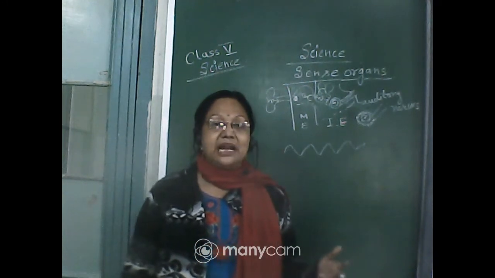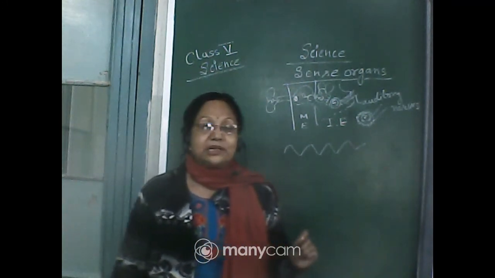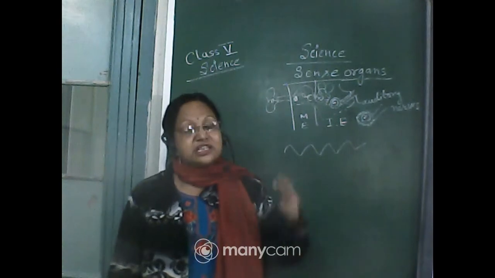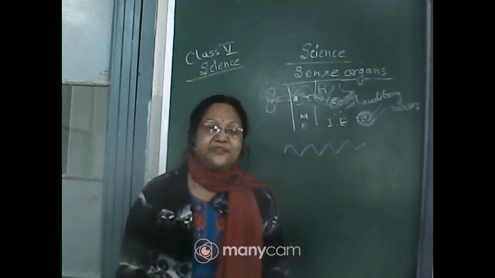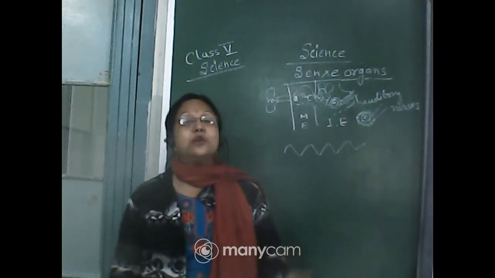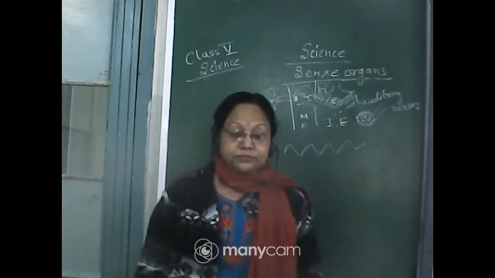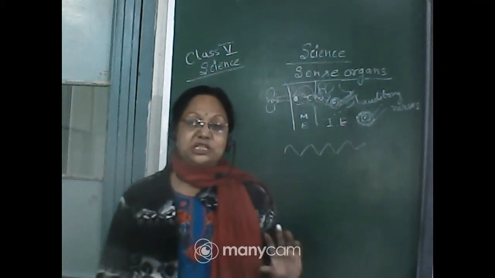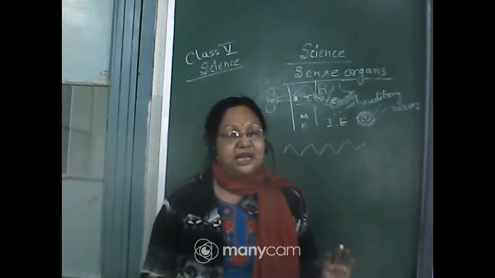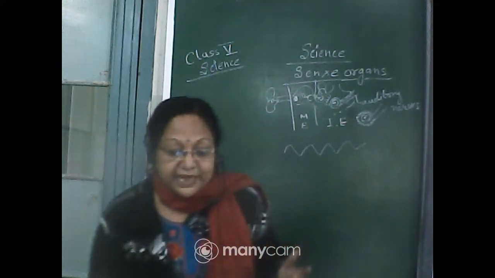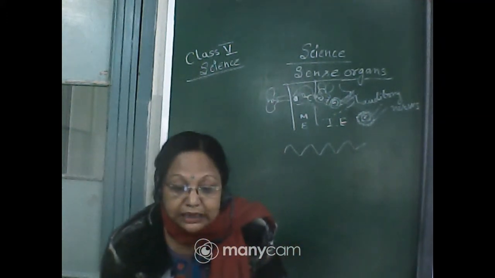Every child has a particular type of frequency in their voice, which our brain receives and identifies what kind of sound it is and who is speaking. Understood? So these kinds of sounds make the differences in the voice. Clear?